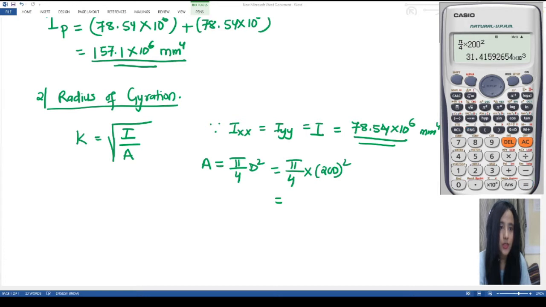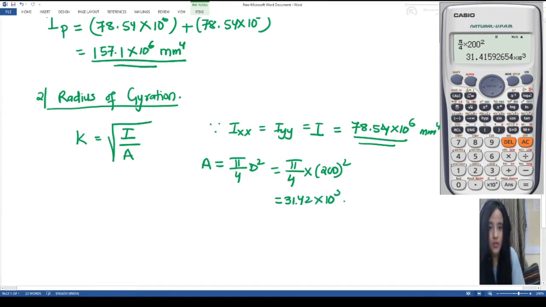So we're getting 31.42 into 10 raised to power 3 mm squared.